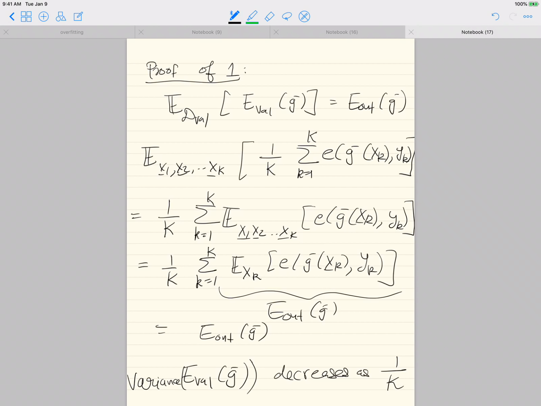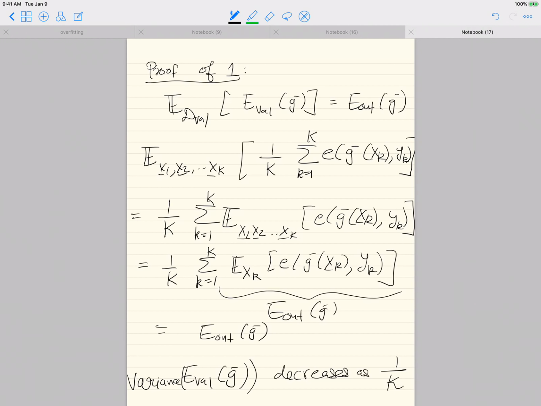We won't prove this because the proof is very similar. The point is that the variance will decrease with k, the size of the validation set, as 1 over k. So the bigger the validation set, the better your estimate is.